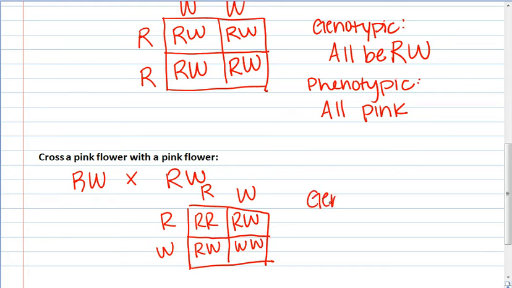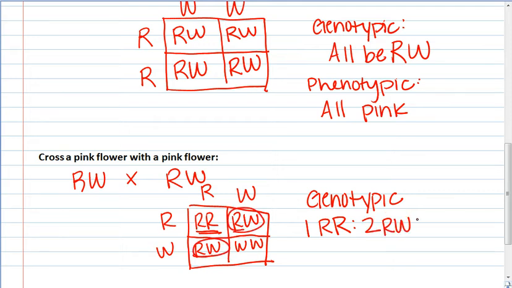For our genotypic ratio, we're going to see there's one big R offspring, that's right here, to two RW, to one WW.